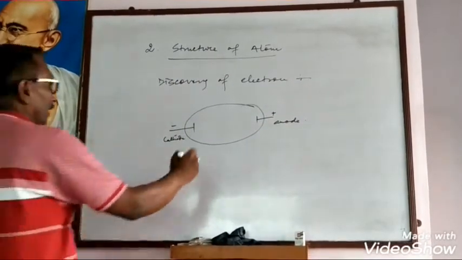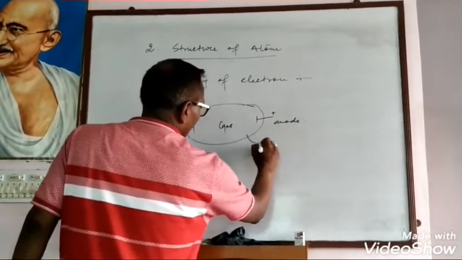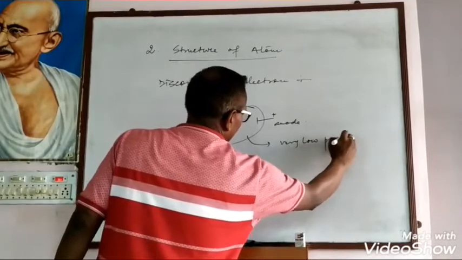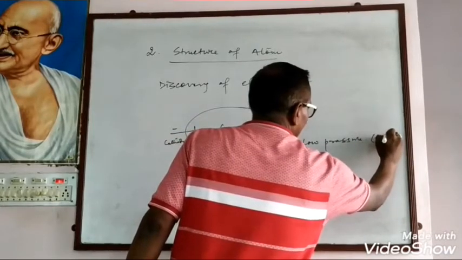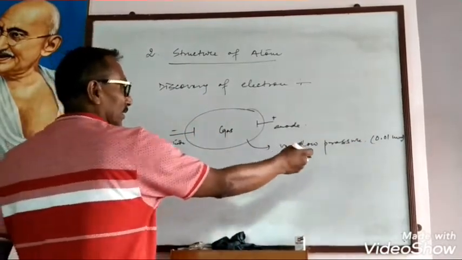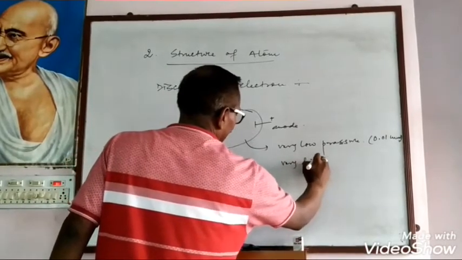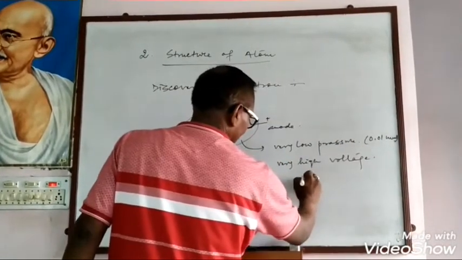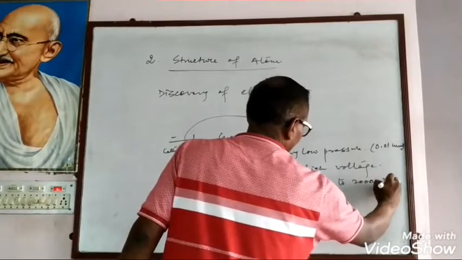And a gas is taken under very low pressure, that is 0.01 mm, and very high voltage, something like 10,000 to 20,000 volts.